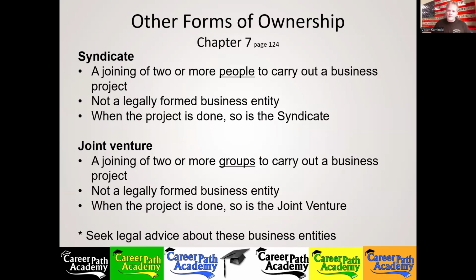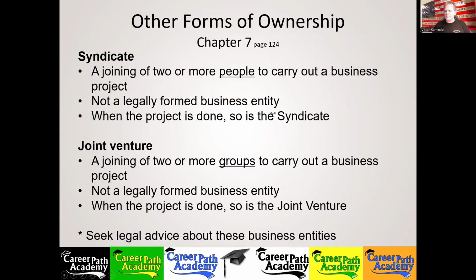Okay, now, like I told you, syndicates are joinings together of two or more people. We can go back to page 124. You guys back there yet? Yes. So syndicates are joinings of two or more people to carry out a business project.